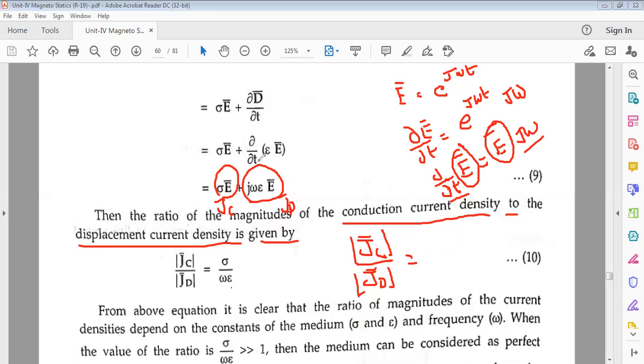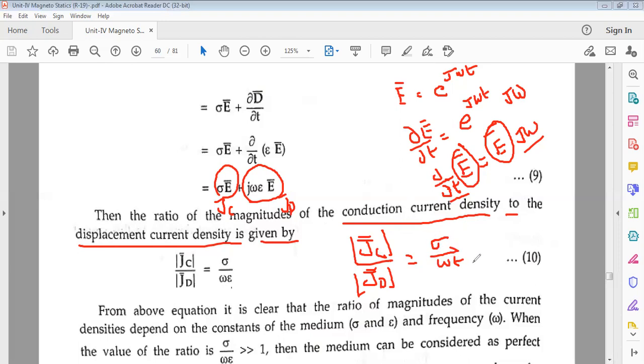Both having Ē, the coefficients of Ē give σ by ωε, the real term and the imaginary term coefficient. So JC by JD is equal to σ by ωε.